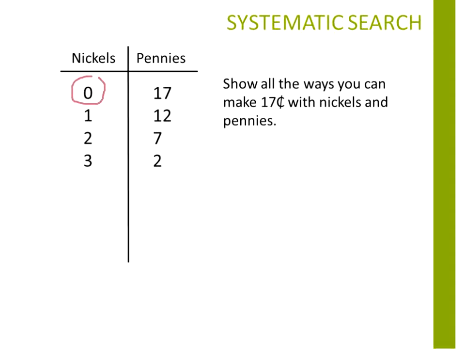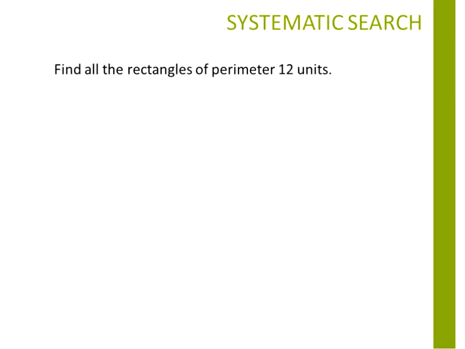So it's better to start with 0 of the bigger one, because you don't get those situations. So if you start with none of the big one, and then you just increase the size of the numbers by 1, then kids don't ever miss anything. So that's a good ordering strategy, and it works in all kinds of situations.